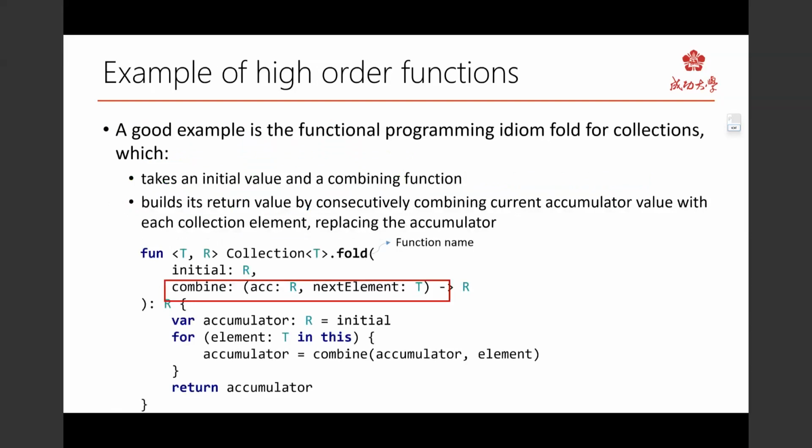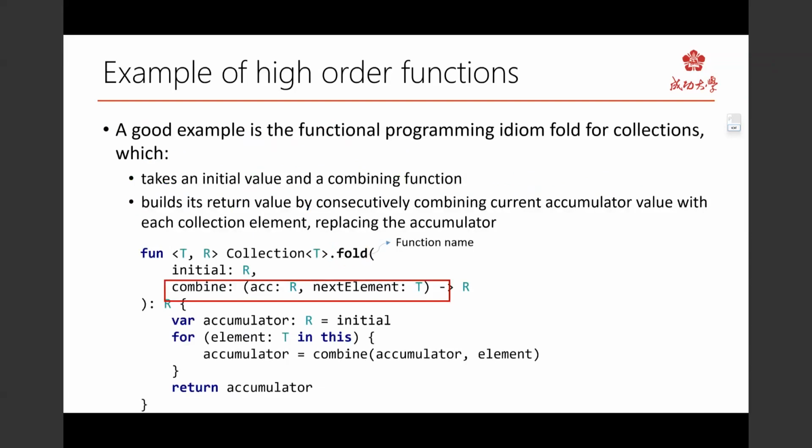Here's a good example of higher-order functions. And you can see we have a higher-order function here named fold. And don't be scared by this example because templates are involved, but let's ignore the templates part.